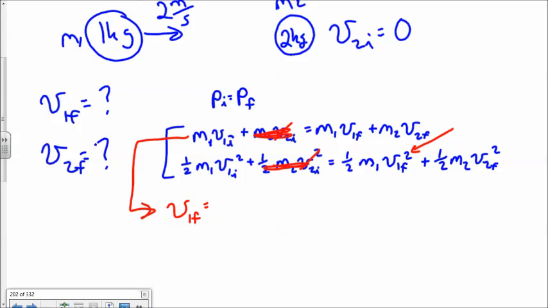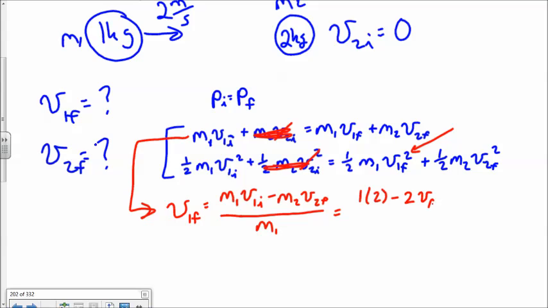So v1f is equal to m1 v1i minus m2 v2f, divided by m1. If I put my numbers in there, that's 1 times 2 minus 2 v2f, divided by 1, and then I get an expression for v1f in terms of v2f, 2 minus 2 v2f.